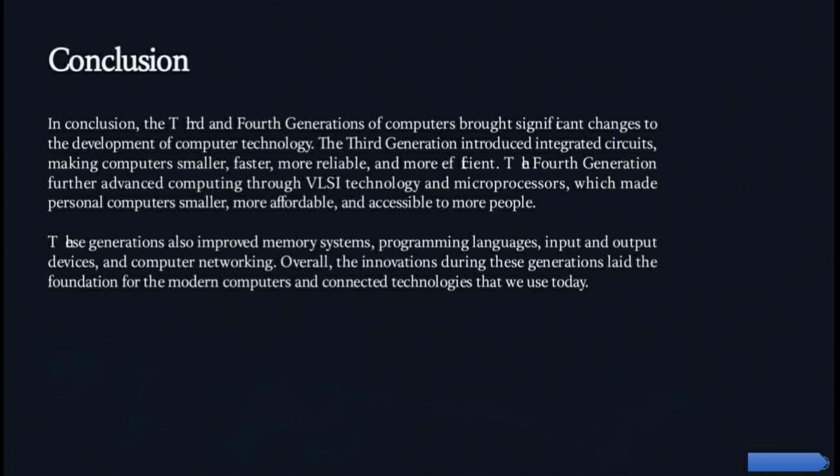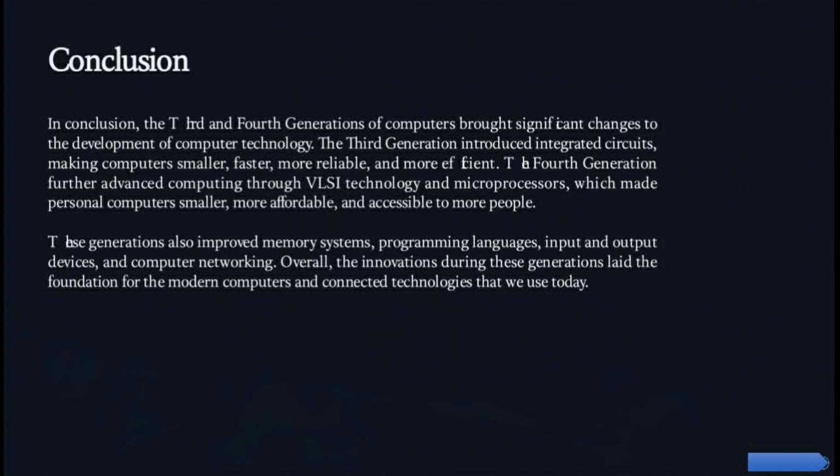The fourth generation further advanced computing through VLSI technology and microprocessors. VLSI, or Very Large Scale Integration, allowed thousands or even millions of electronic components to be placed on a single chip. The microprocessor also made it possible to build smaller and more powerful computers.